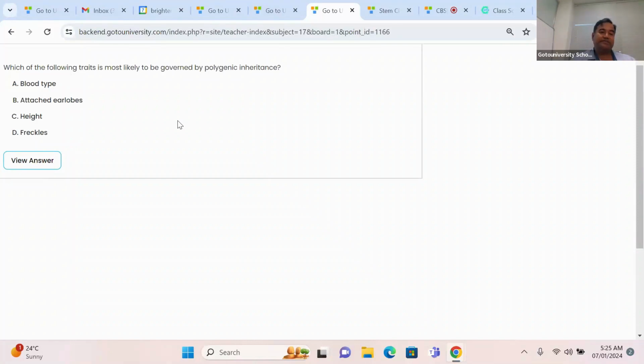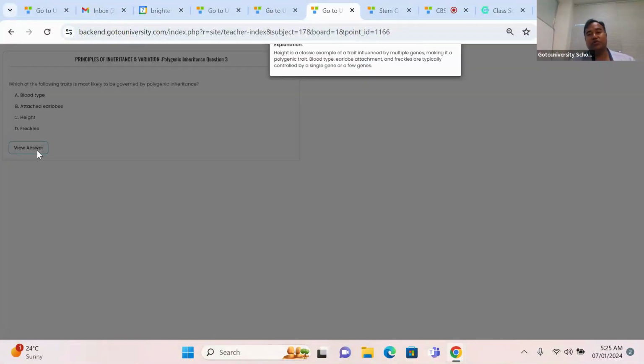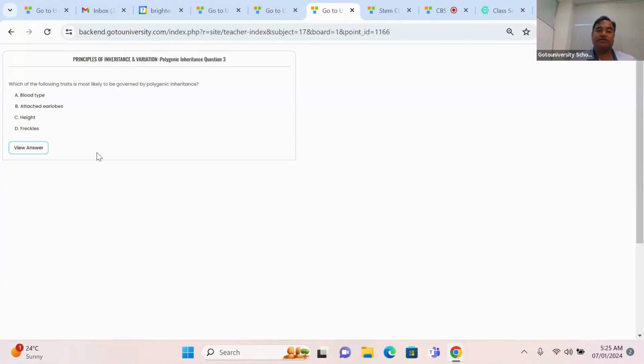No one told the answer. The answer is height. Height is a classic example of multiple alleles and multiple genes, making it a polygenic trait. Some are semi-dwarf, some are dwarf, some are short, some are very tall. So many alleles are involved in this, right?